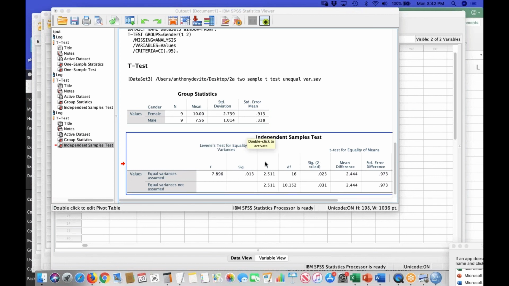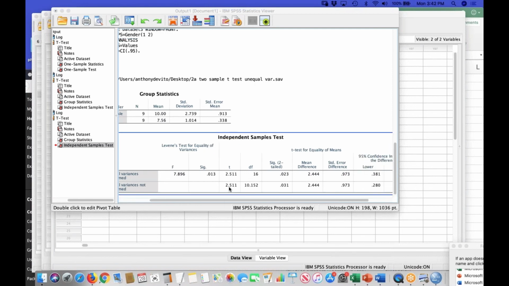But should I do that? Well, if I look at equal variances assumed, the significance for that null hypothesis is 0.01. It's less than 5%. So that would lead me to reject that null hypothesis and use the bottom line, equal variances not assumed, my alternative.